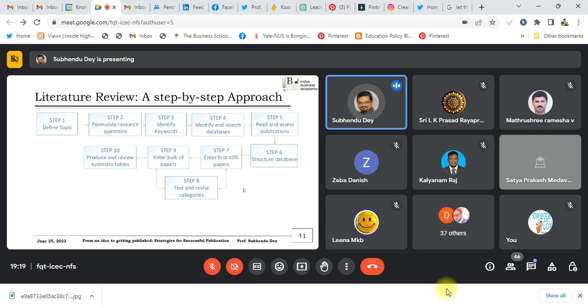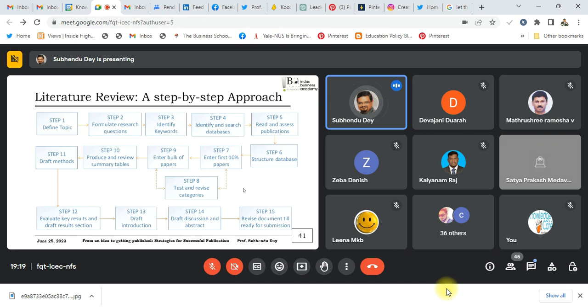Step 10 is to produce and review the summary table. So you have the Excel sheet with you, you can produce the summary tables. After that, you start writing, you start looking at what results you were looking for, etc. And then the revising and re-revising till the draft is ready for submission.